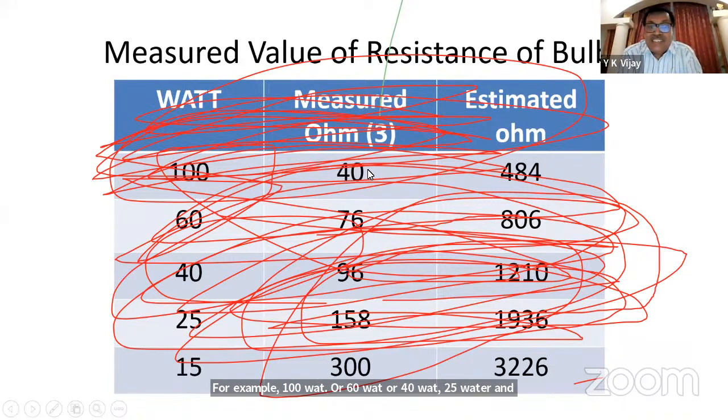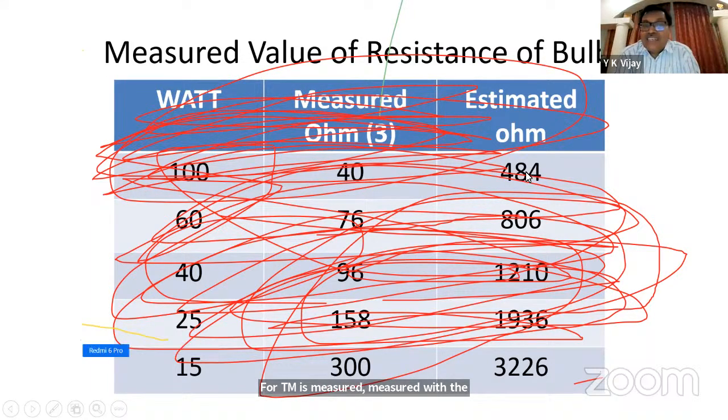The measured resistance is very low for these values, 40 ohm to something like 300 ohm. And the estimated value using the formula which we normally teach comes out to be very large. For example, for 100 watt, 40 ohm is measured with a multimeter, but when we calculate, it comes out to be 484.